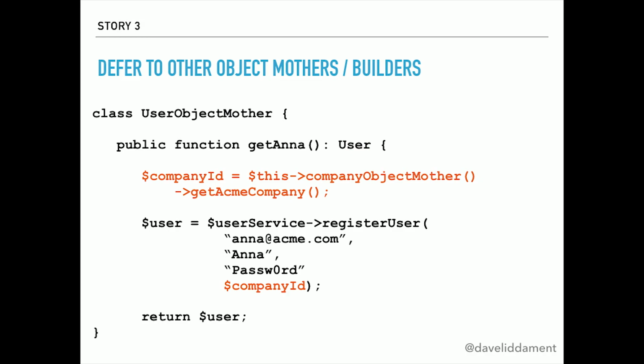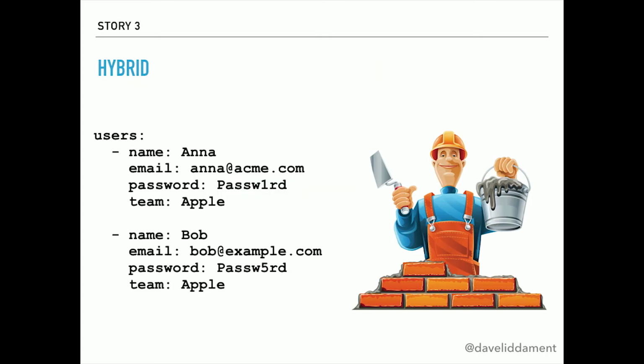We've got the company ID, and then we can put this in here. So again, we're isolating changes, and that means if we've got really complicated objects that we need to build, we just say, look, build me this, and it knows how to build all its dependencies. So all our tests, which didn't really care whether users belong to companies or not, don't change, because it's all encapsulated in here.